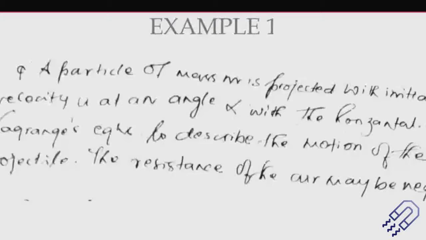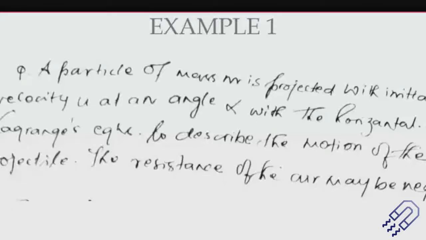You have got a particle and you project it with some angle alpha. And whenever a particle is projected with an angle alpha, from our idea of vectors, we know that it will have a component along the x-axis and the y-axis. So we are going to use the Lagrange's equation to describe the equation of motion of the projectile.